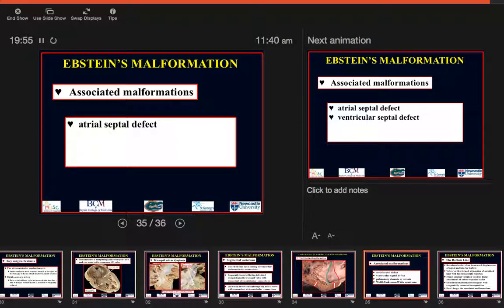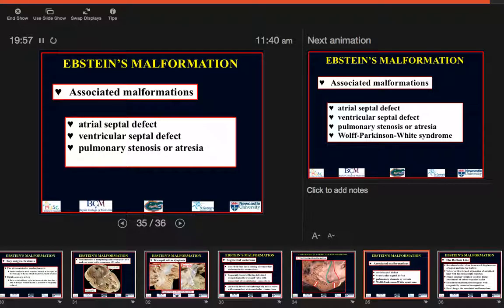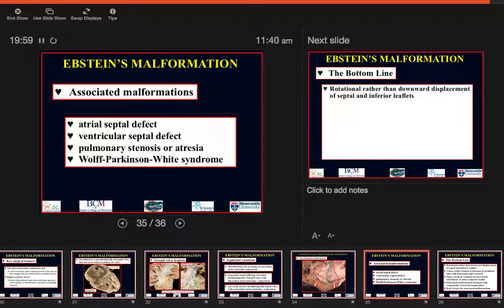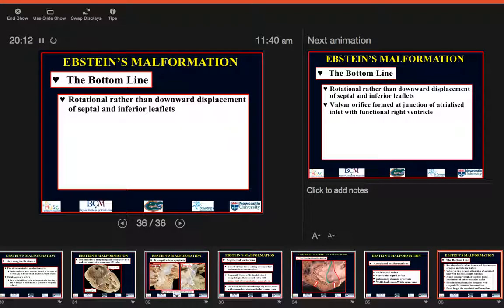The associated malformations, any of these things can coexist, but when we consider abnormal rhythms, let's focus on the Wolff-Parkinson-White syndrome, although I have nothing to show you specifically regarding the morphology.